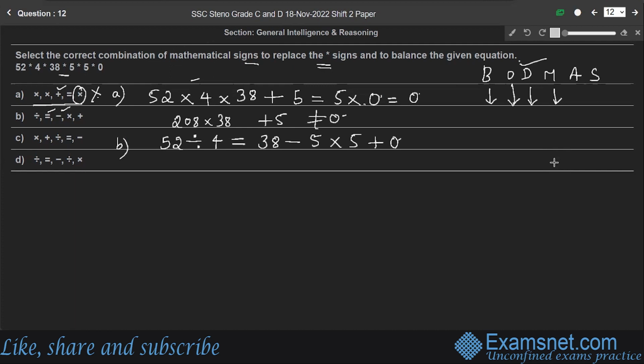So 52 by 4 is 13, which should be equal to, according to BODMAS rule, multiplication comes before subtraction. So 38 minus 5 into 5 is 25, plus 0 is the same number. So 38 minus 25 is 13. Therefore, if we replace the asterisk signs according to option B, the equation will get balanced. Option B is the right answer.